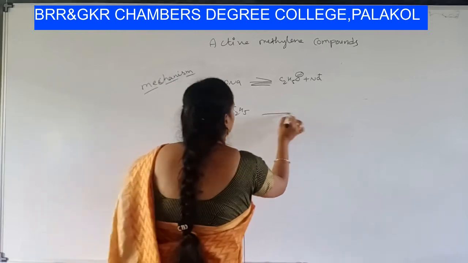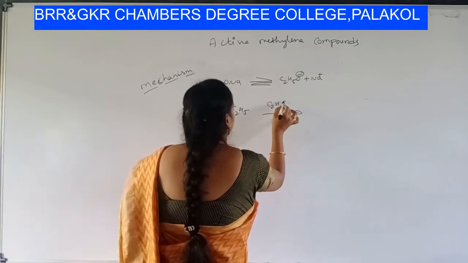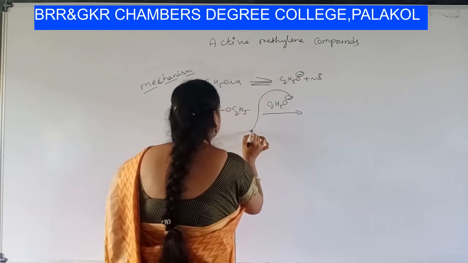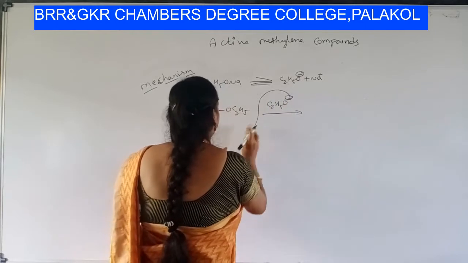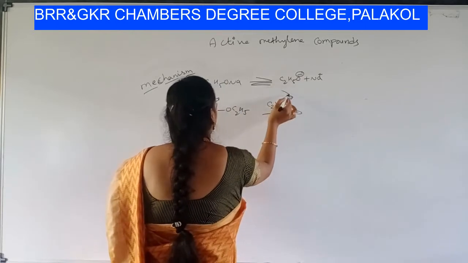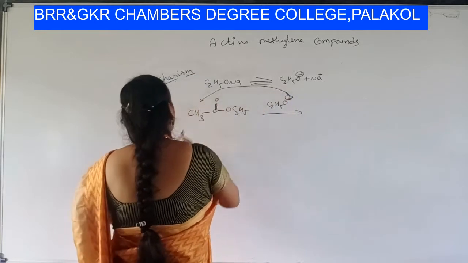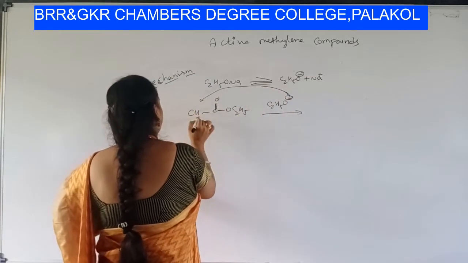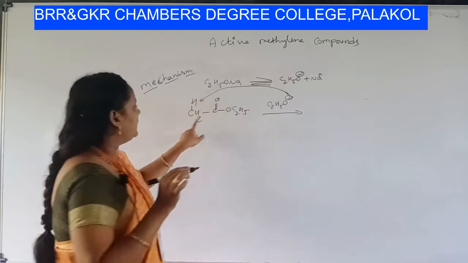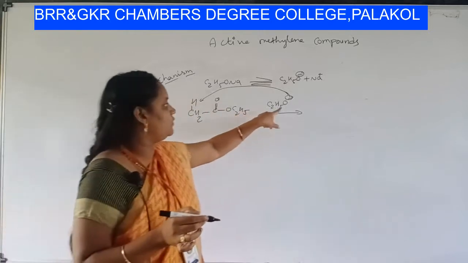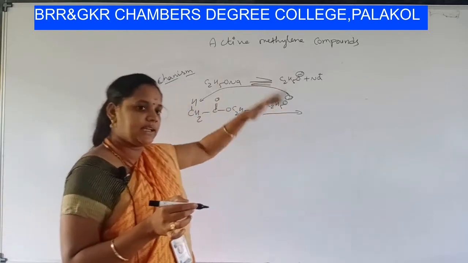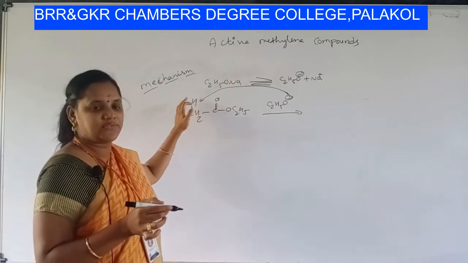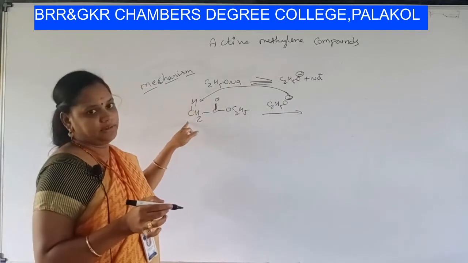What happens here? The ethoxide ion C2H5O minus takes up the alpha hydrogen of the ethyl acetate. The C2H5O minus ion takes up the proton H plus from the alpha carbon.